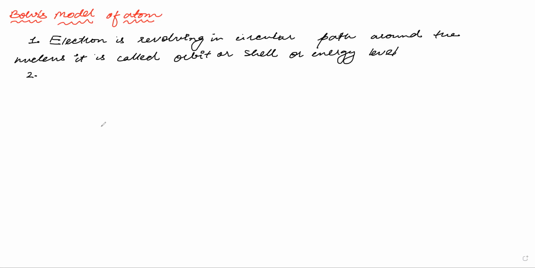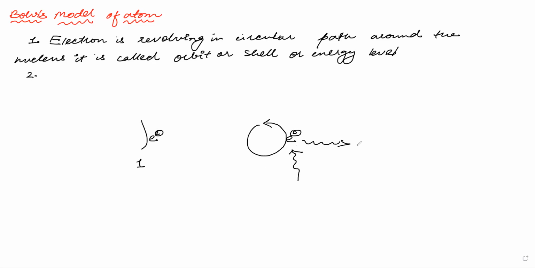Now, if an electron is present in a particular level, as we discussed in yesterday's class, let us say this is the first shell and the electron is in this orbit. When it is revolving around the nucleus, it cannot emit and it cannot absorb any energy.